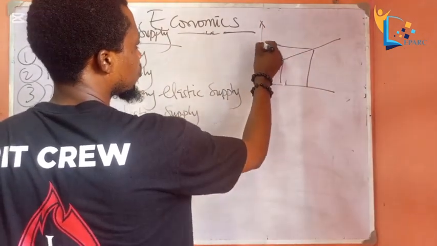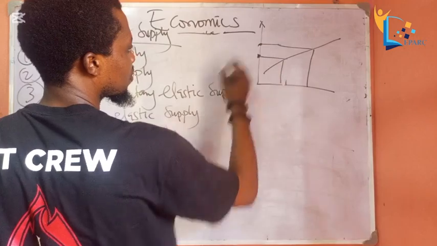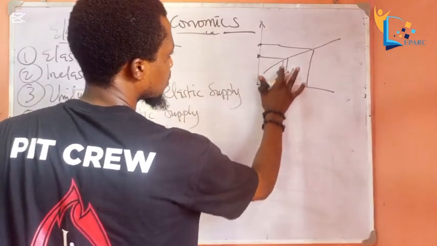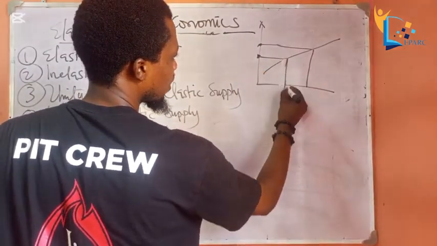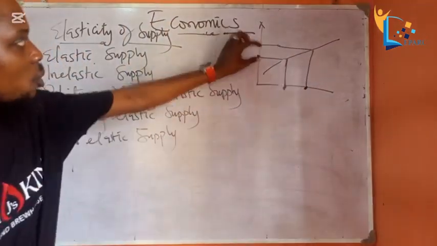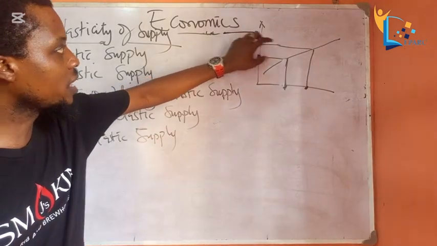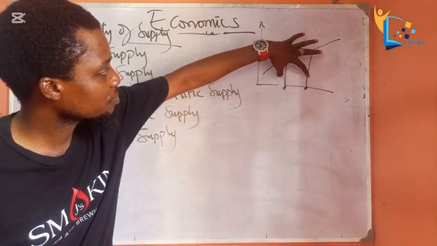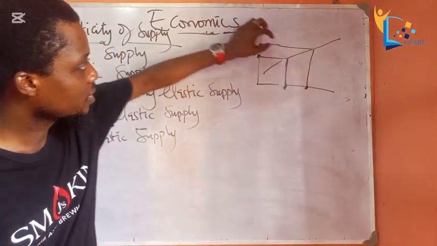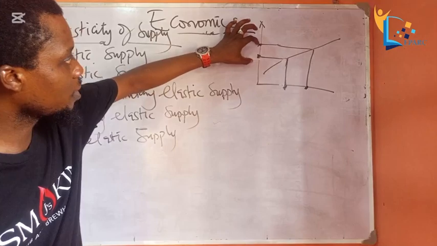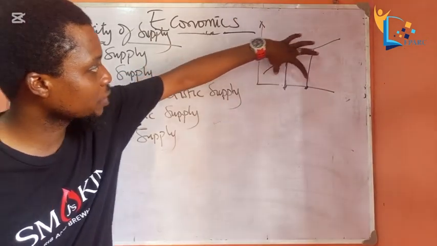A small change between this point and this point, compared to this point and this point. So a small change in price will lead to a big change in quantity supply. The proportion of this area is smaller compared to this point.